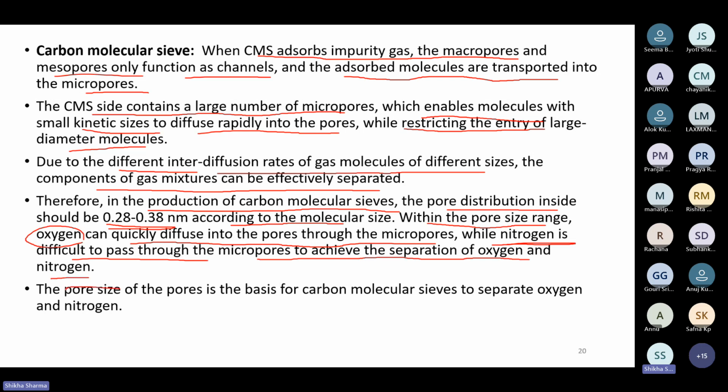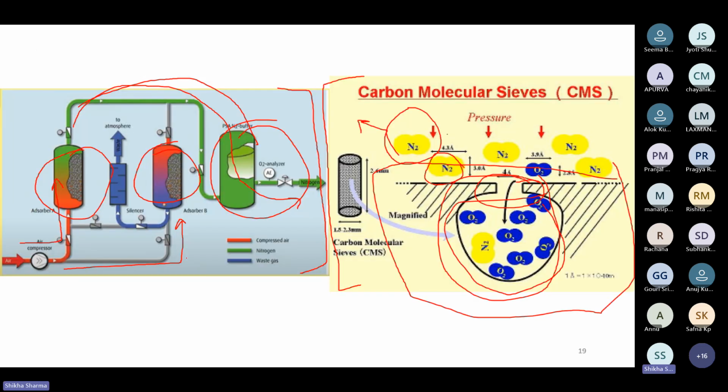So pore size is basically the main principle on which the carbon molecular sieve separates oxygen and nitrogen. If the pore size is very big, what will happen? All the gases, nitrogen and oxygen, will go into the pore.